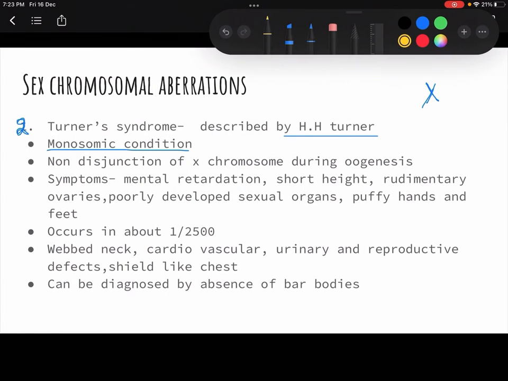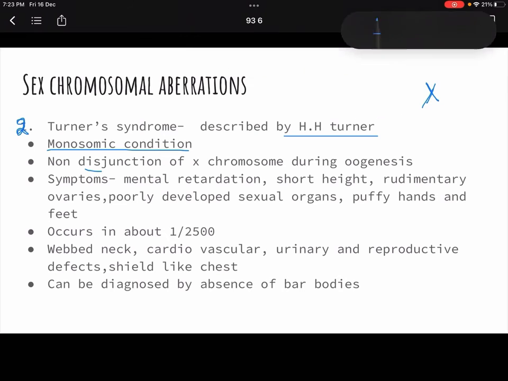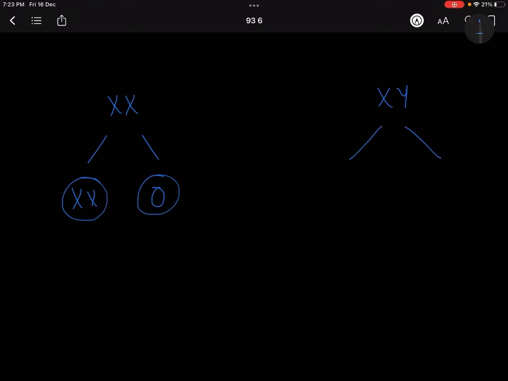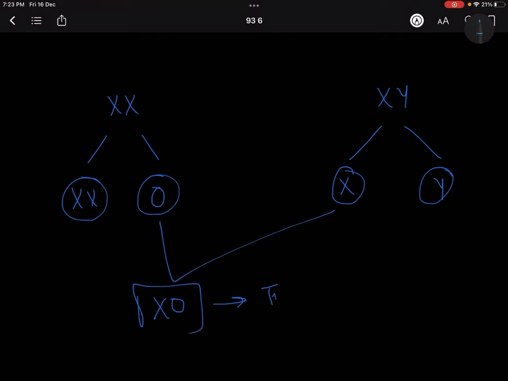Now again, this has happened because of the non-disjunction of the X chromosome during the oogenesis we had studied. Okay, let me show you that again. So what happens is, there is an XX, there is an XY, they are going to fertilize. During oogenesis what happens? Both the X come to one side and there is a 0 on the other side, and for the male it is normal X and Y. So if this scenario happens, this will create the Turner syndrome.